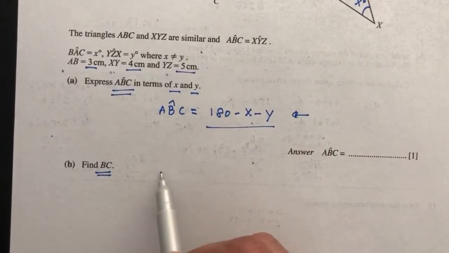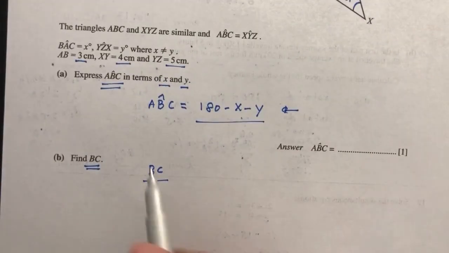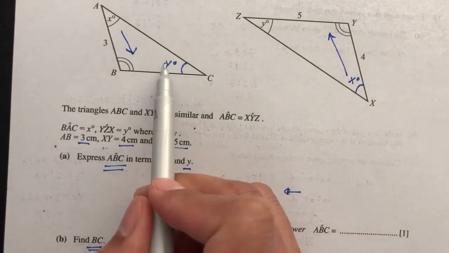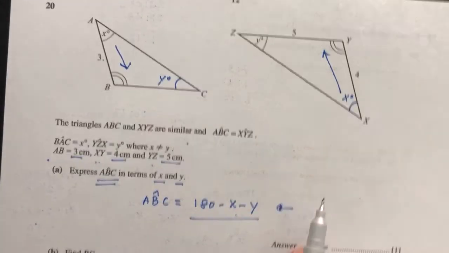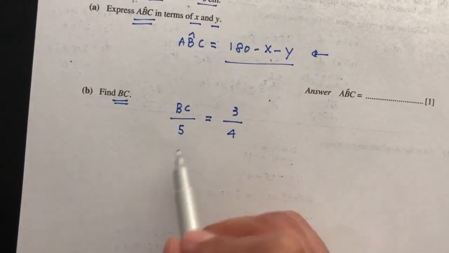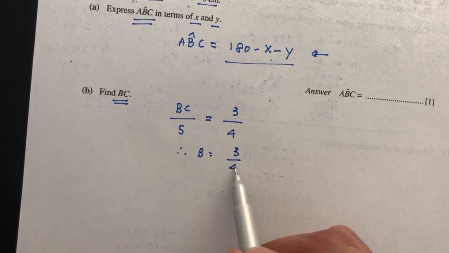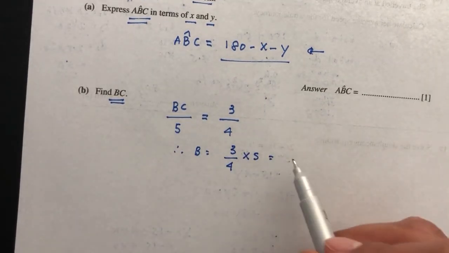So we say BC divided by 5, where is the opposite of side x, is equal to the opposite of side y, which is 3, divided by 4, where y is here. So to find BC, BC will be 3 over 4 times 5.